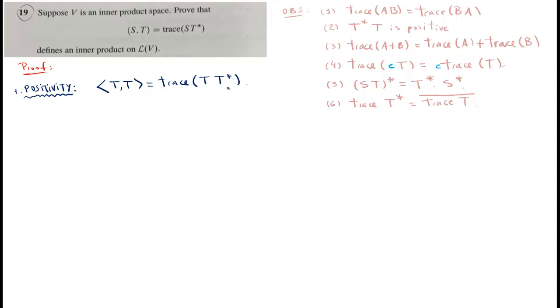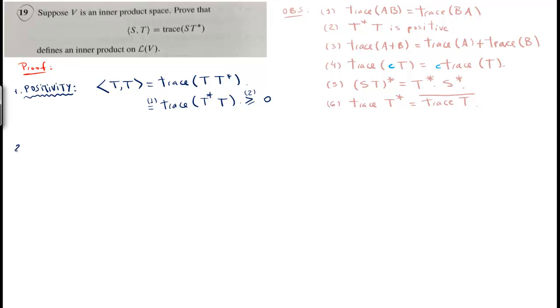And with property 1, this is the trace of T adjoint times T. And then by the second property, the adjoint of T times T is positive, so this trace is positive. So this inner product is positive.